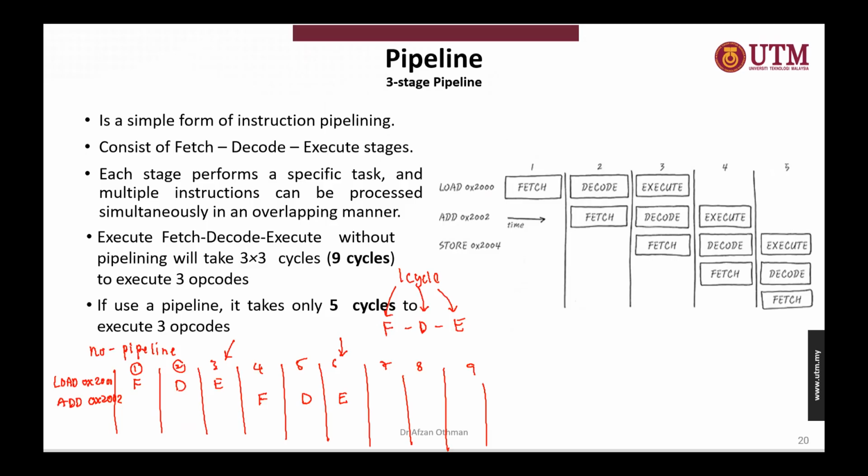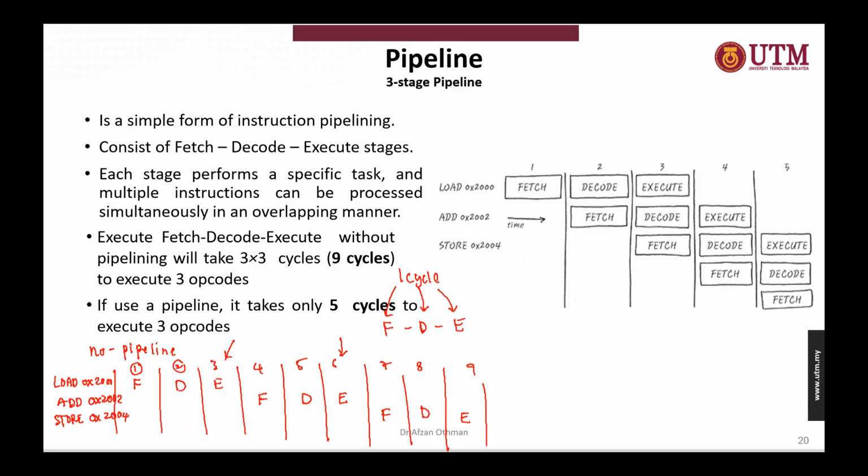And here we have another instruction, which is a store 0x2004. This store 0x2004 will start after the second instruction, ADD 0x2002, is finished. So on cycle 7, we fetch the instruction, we decode the instruction, and we execute this instruction.